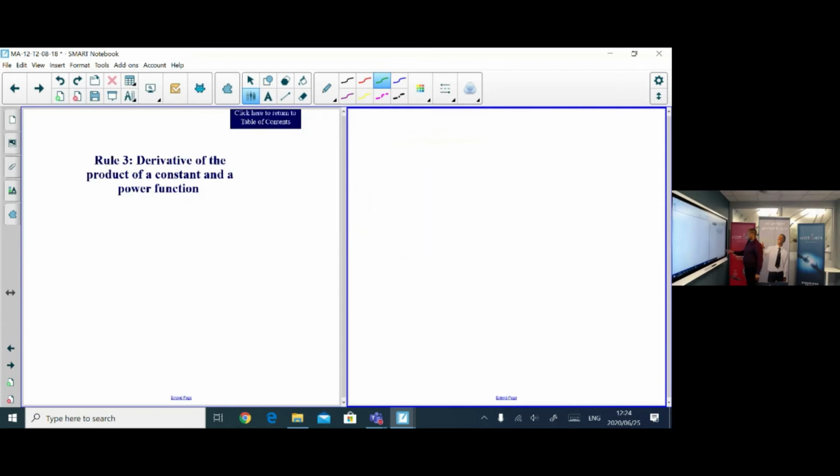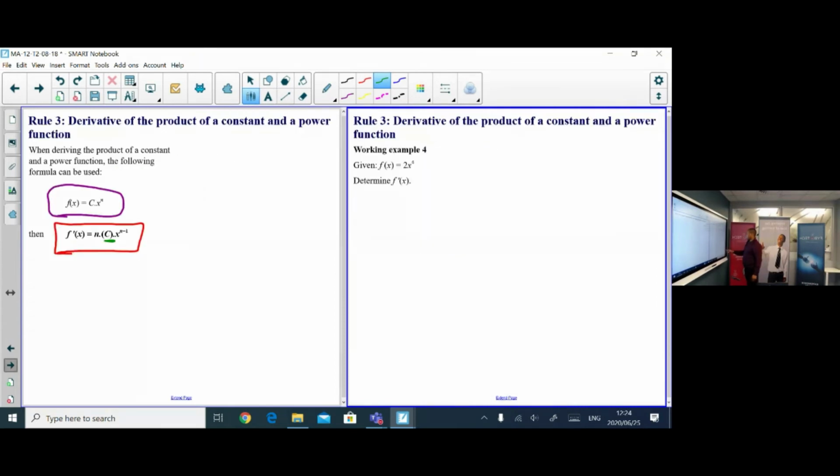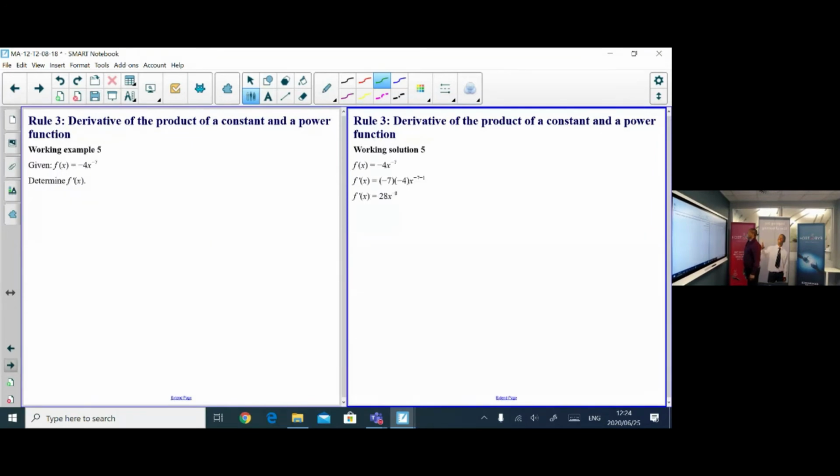It must remain where it is while you do the differentiation you have been doing. Okay, look at a few examples that I've put for you. You're asked to differentiate minus 4x to the exponent minus 7, what would be your first derivative? So you are going to leave the minus 4 where it is, but you then pull down your minus 7 and it comes here on the coefficient position, and then you simply subtract 1 from your exponent.